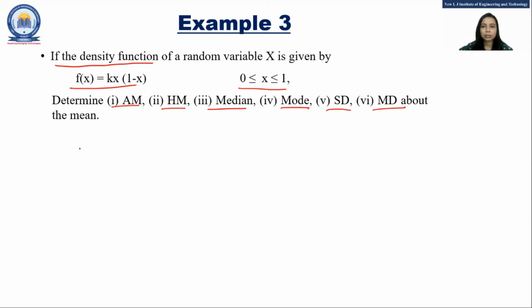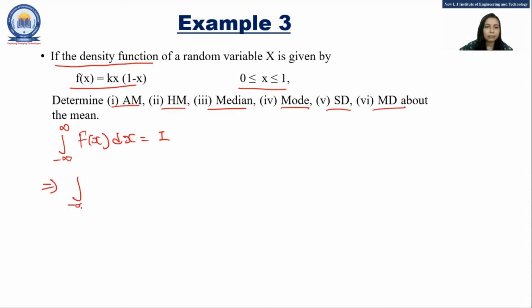So let's first find out the value of k in order to determine the AM, HM, median, mode, standard deviation, and the mean deviation. So for finding out the k, we have to take integration from minus infinity to infinity f of x dx is equal to 1.